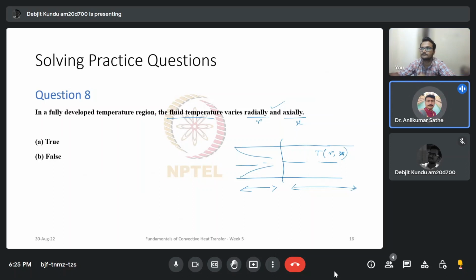They have not mentioned constant wall temperature or constant flux, so it could be anything. Take any example, constant temperature or constant flux, whatever you are more comfortable with.